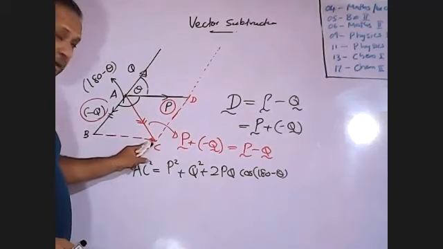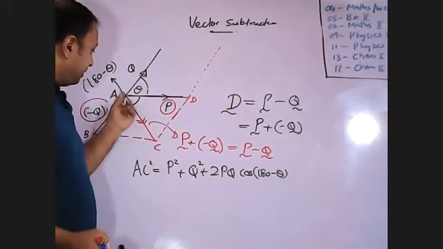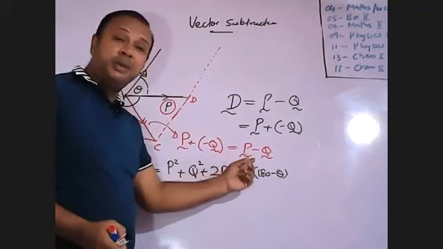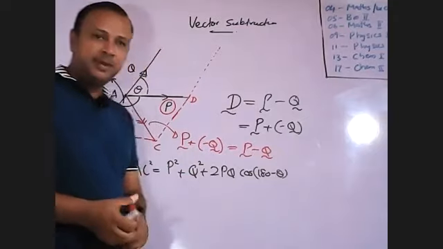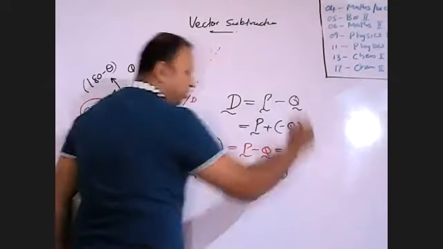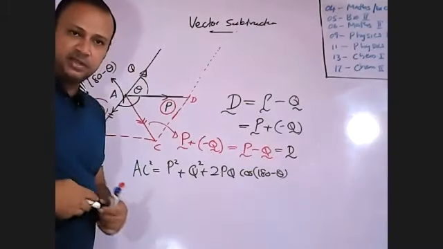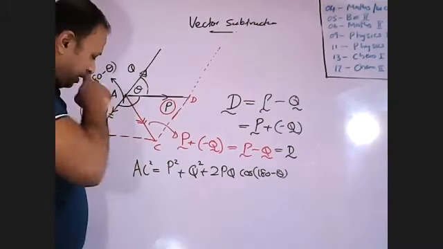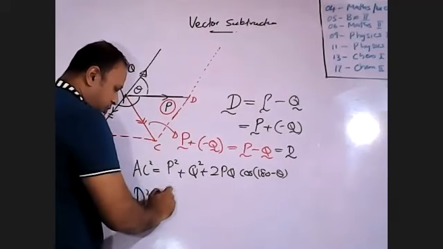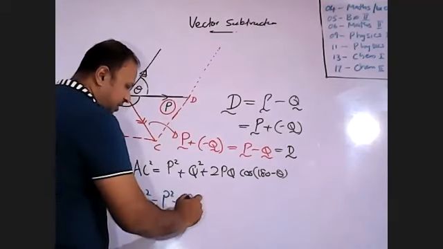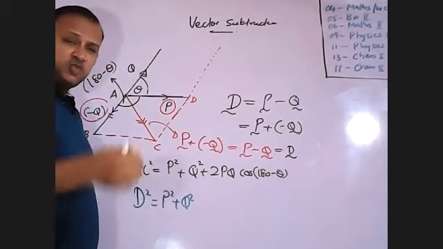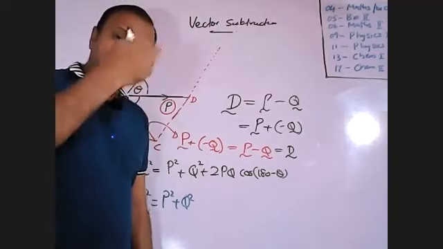AC squared means the resultant force of P and minus Q, that is equal to P minus Q. P minus Q means it is equal to the difference vector. That means D squared is equal to P squared plus Q squared plus 2PQ cos(180 minus theta). Cos(180 minus theta) means minus cos theta.